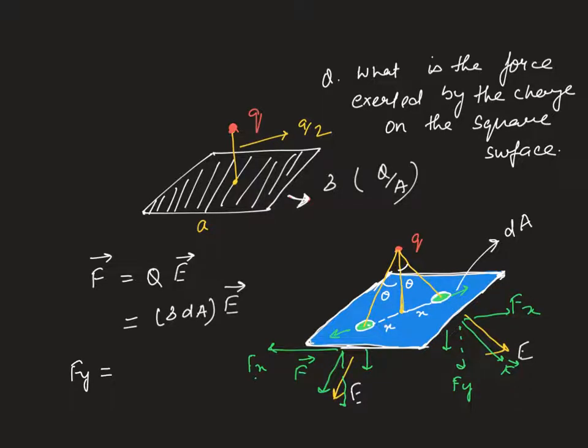The force along the y-axis for one of them would be sigma into dA into E into cos theta. Now sigma into dA into E is the total force. Cos theta is the downward component, you can see from the right angle triangle. This is your right angle triangle. So the cos theta component is basically the downward component.